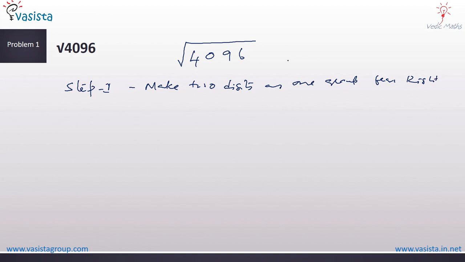So from the right side we make 2 digits as one group. This is going to be 96, the first group, and 40 is going to be the second group. If it is more than 2 digits, then you should consider 3 digits only. If it is only 1 digit, then also we will consider it as one group.